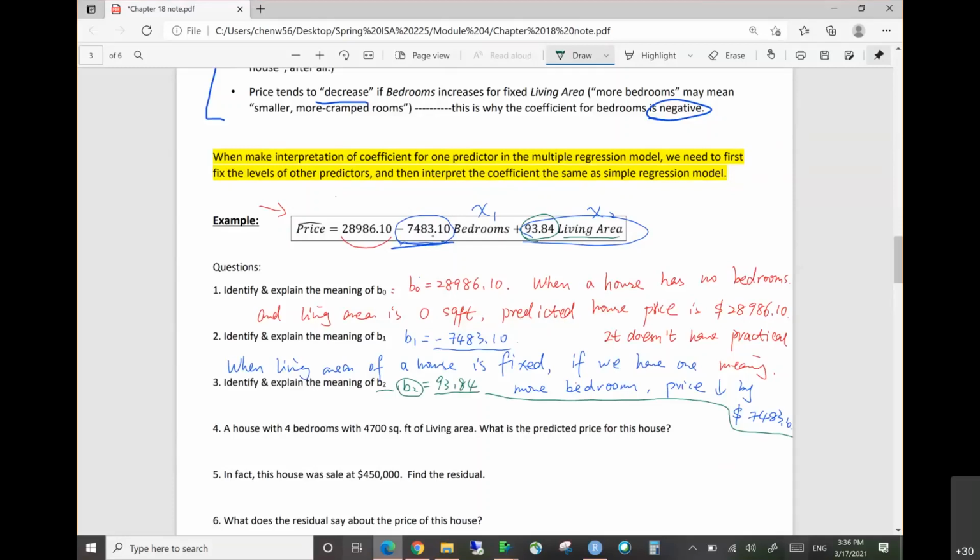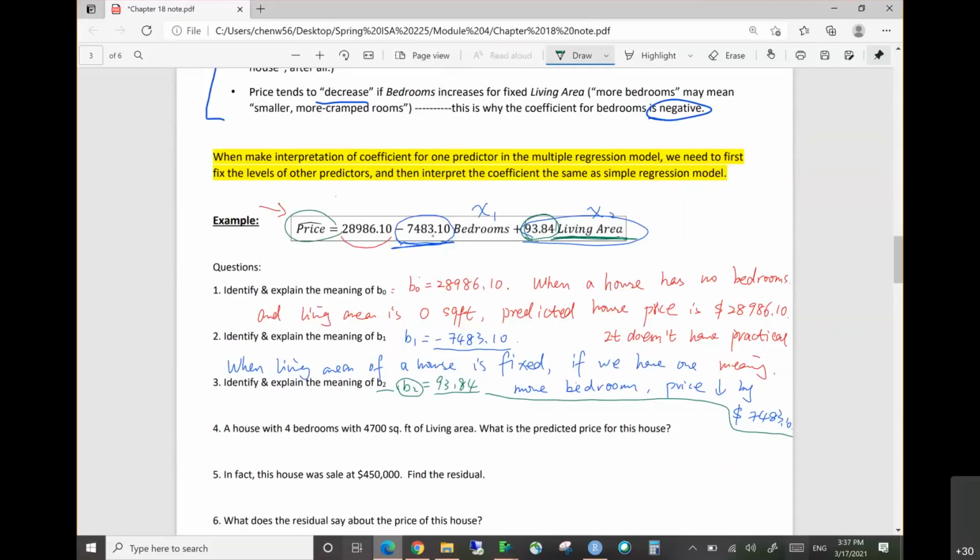Is it like how much the price goes up with one unit of living area? So that means when the living area increases by 1 square foot, the house price will increase by 93.84.